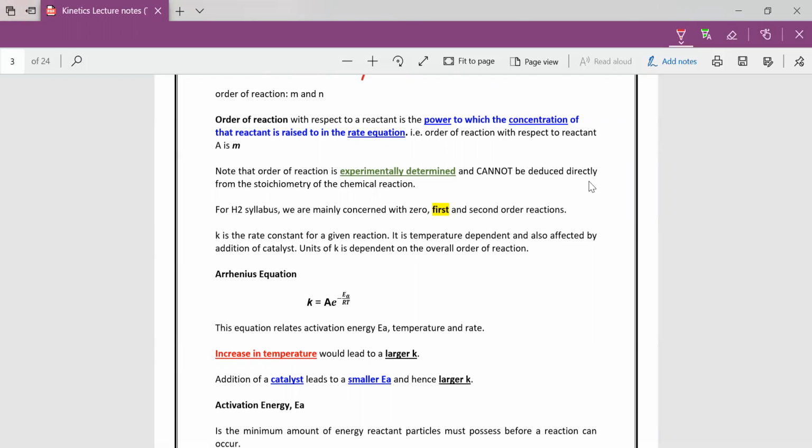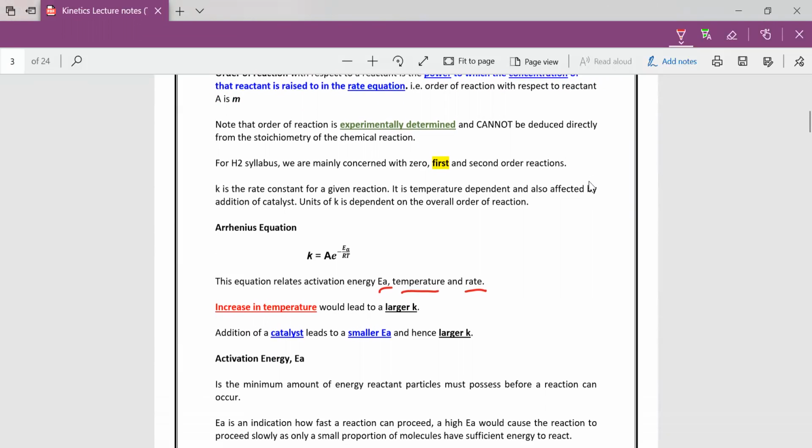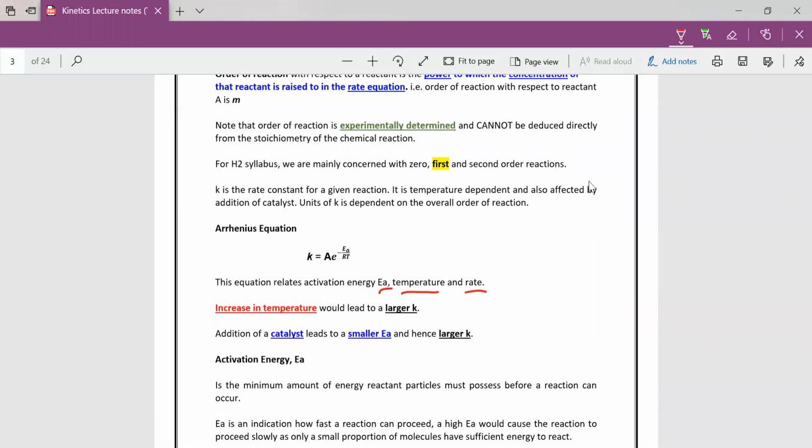This equation relates activation energy, temperature, and rate in the same equation. Based on this equation, we see that if we increase the temperature, our rate constant will increase. And if we add a catalyst, the Ea will become smaller, so mathematically, we know that the k will become larger.